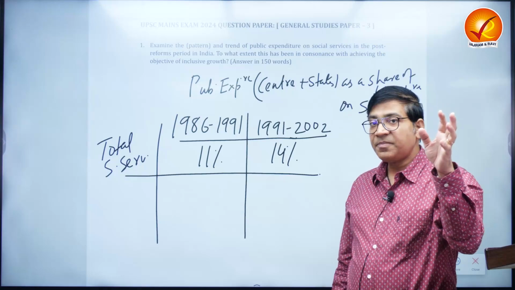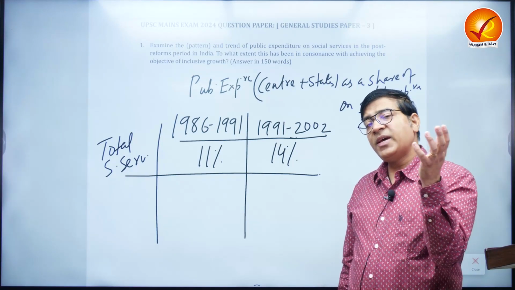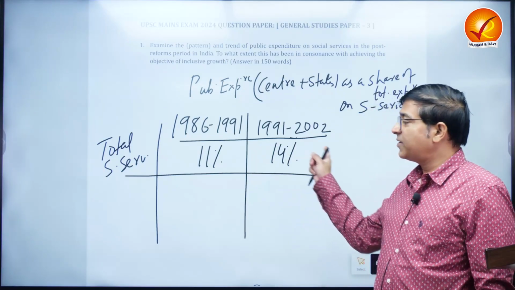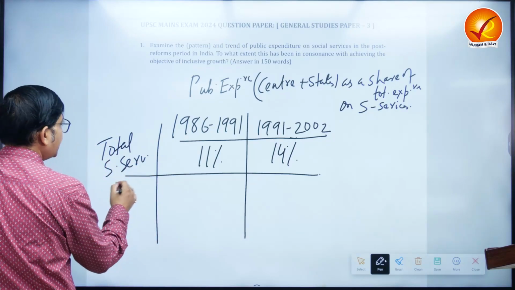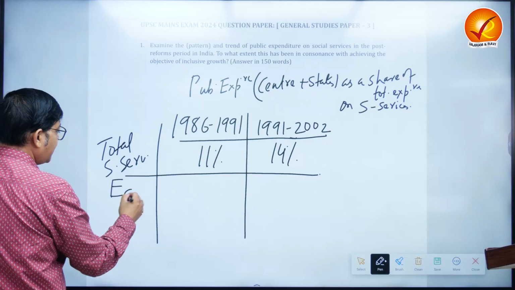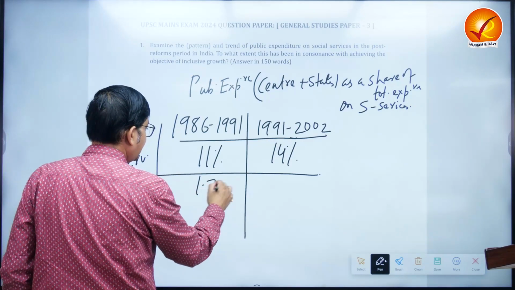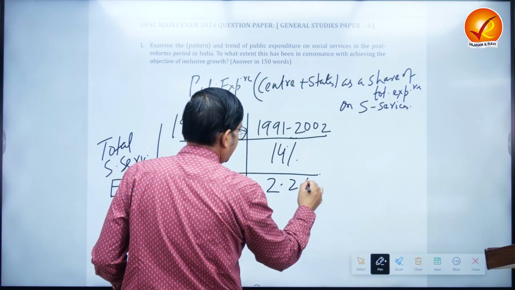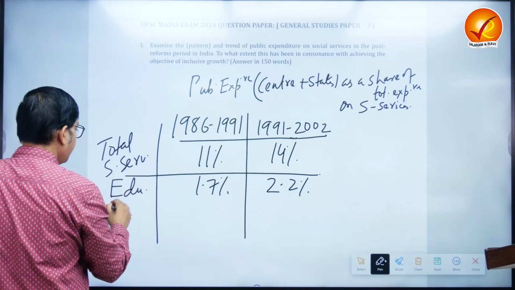In fact, in some areas of social services, we have actually seen a decline also. But in most of the cases, we have seen an increase after 1991. I'm just giving you some figures selectively here. For example, in education, from around 1.7% of public expenditure in pre-91, to 2.2% after 1991.